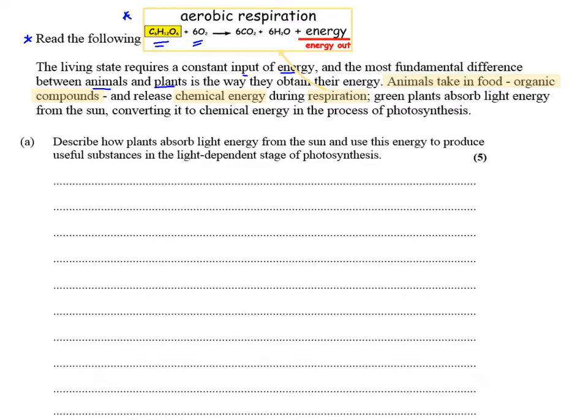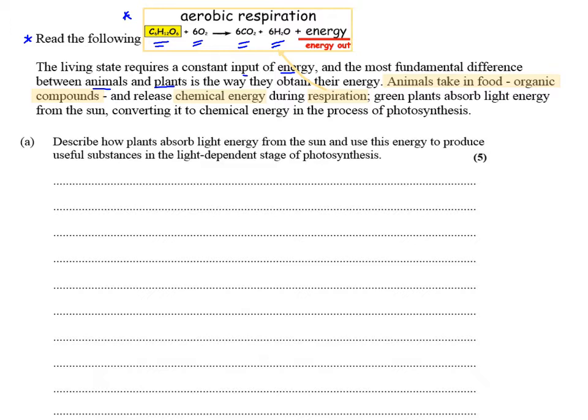We also know that 6 molecules of carbon dioxide are given off per molecule of glucose, and they come from the mitochondria as well, in the matrix from the link reaction and the Krebs cycle. We know that 6 molecules of water are being produced, and we know that water is actually formed from the oxygen at the end of the electron transport chain, because oxygen is the final electron acceptor, and it picks up protons and electrons.